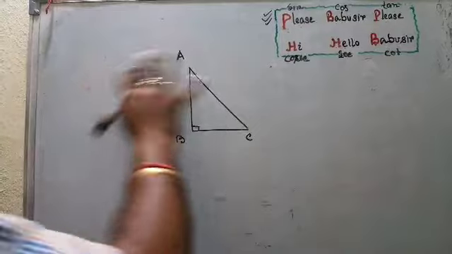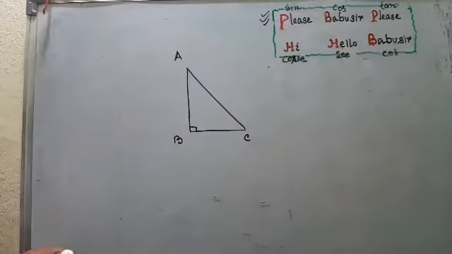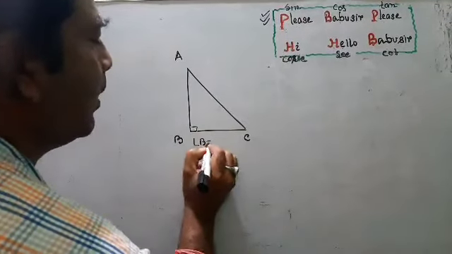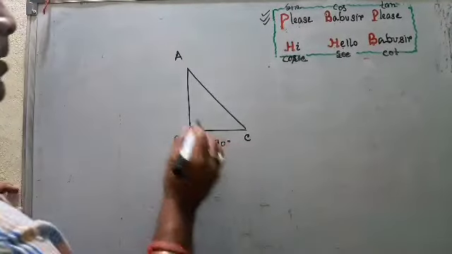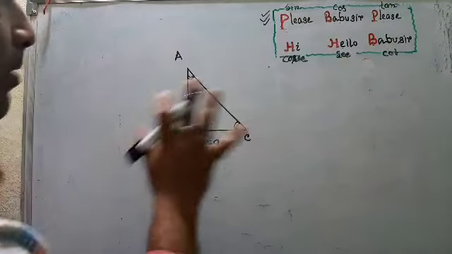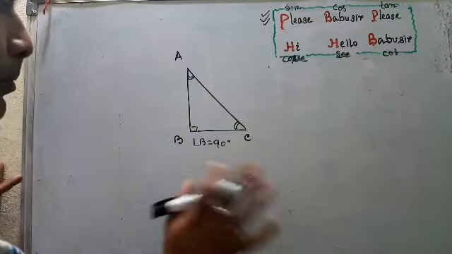Now, in triangle ABC, angle B is 90 degree. That means angle A plus angle C is equal to 90 degree, by the triangle sum property you can know.